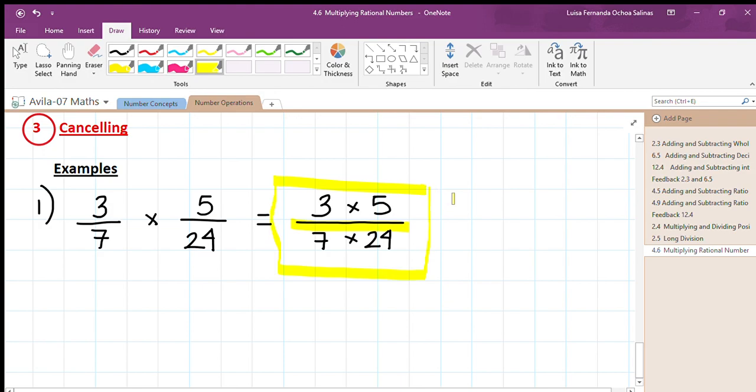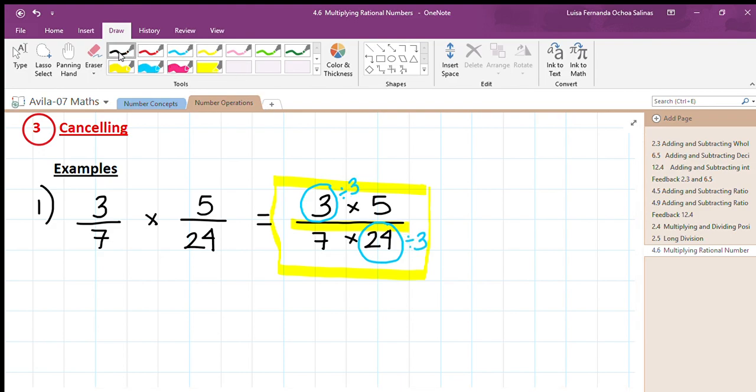And because I only have one fraction, then I can do a little bit of simplification here. Notice the following: I can actually simplify this 3 and this 24. So how am I going to do this? I divide 3 by 3 and 24 by 3.